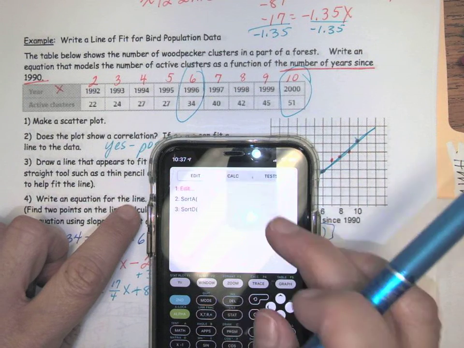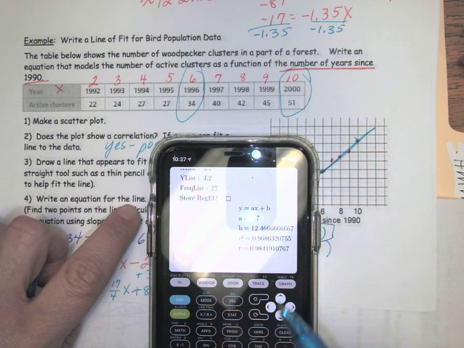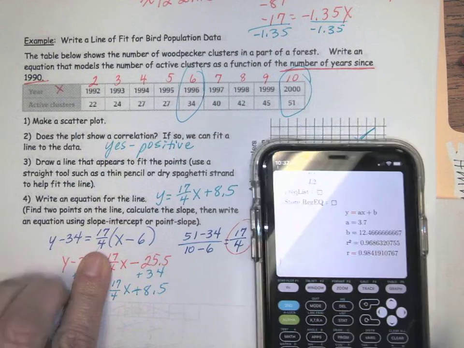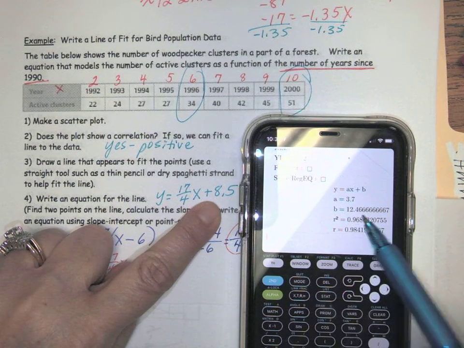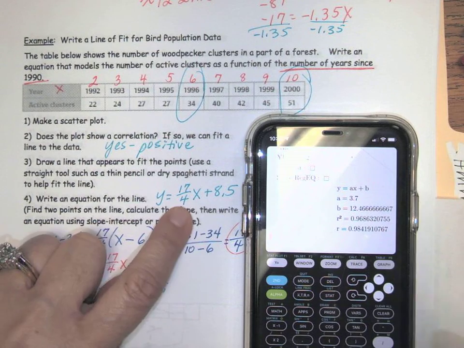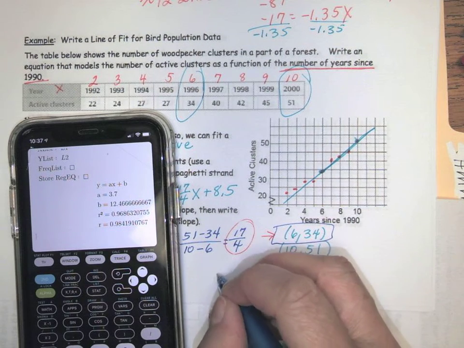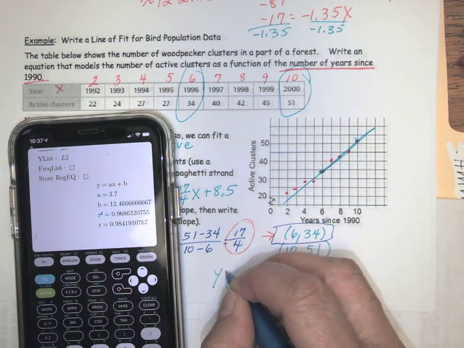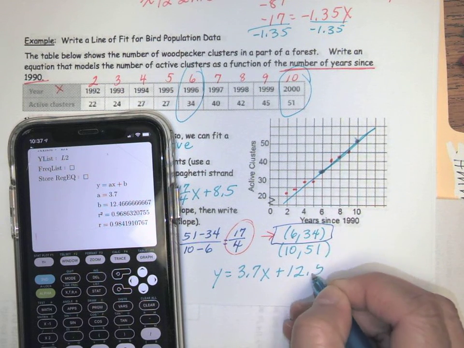Go to Stat, go to Calc, go to 4, hit Enter. Here's your equation. Let's see how close we got. The y-intercept's 12.5, so our y-intercept's a little bit off, and then 3.7. So when I did the regression, I'm going to get more accurate because I used every point instead of just the 2 points I used when I did it by hand.